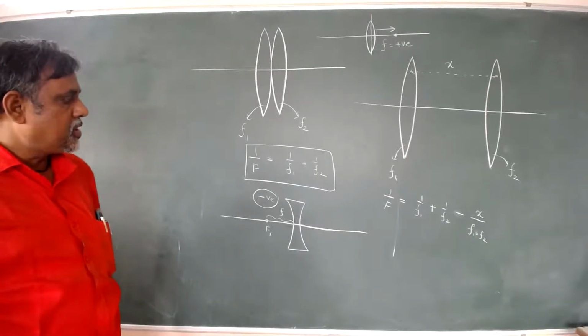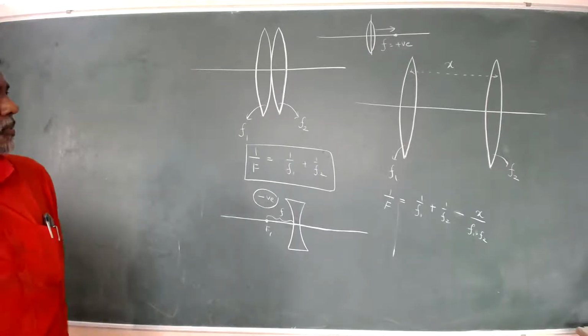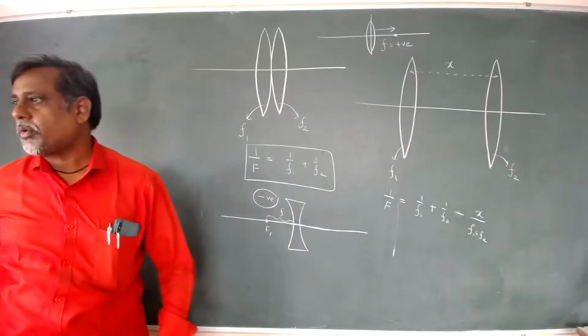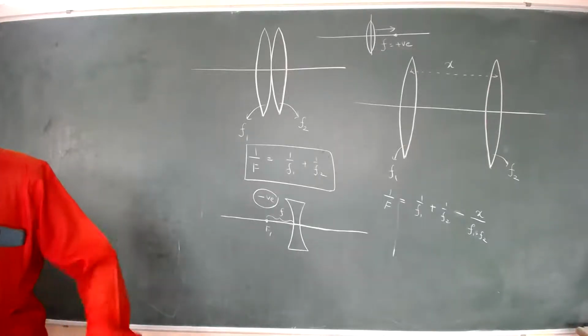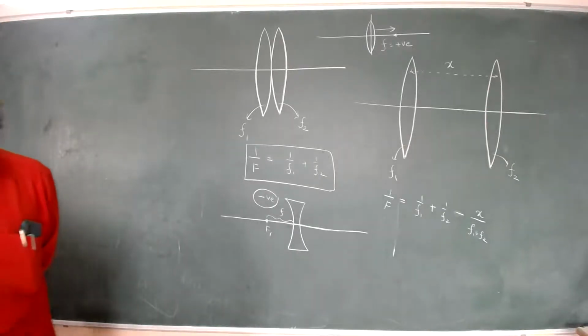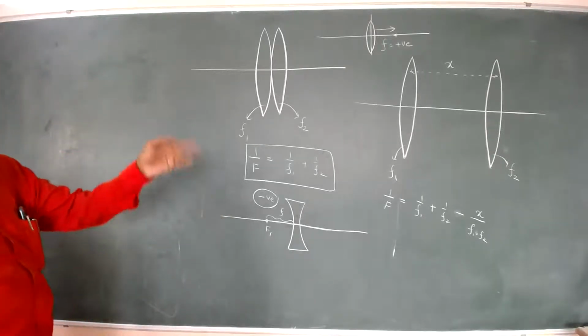Okay, so while using these two formulae, we need to apply sign convention. Whenever we come across a concave lens, there we have to go for negative. Whenever we use a convex lens, there we have to go for positive. Got it? This is the last concept, after which we can take up the problems.